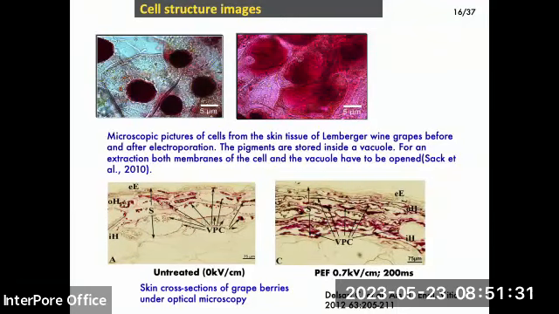But of course the process is rather complex. To see this, you can see the skin cross sections of the grape berries.